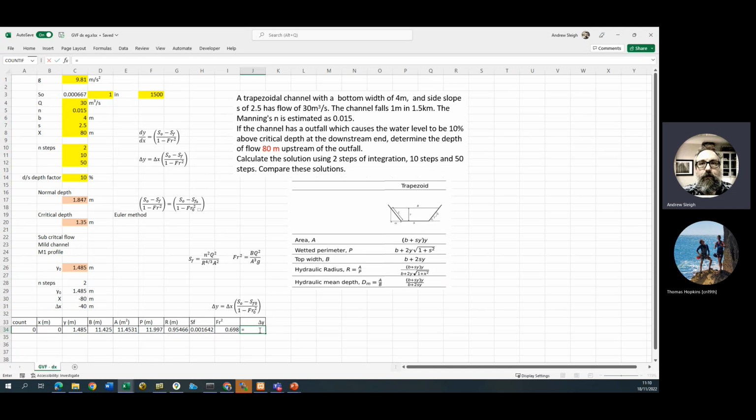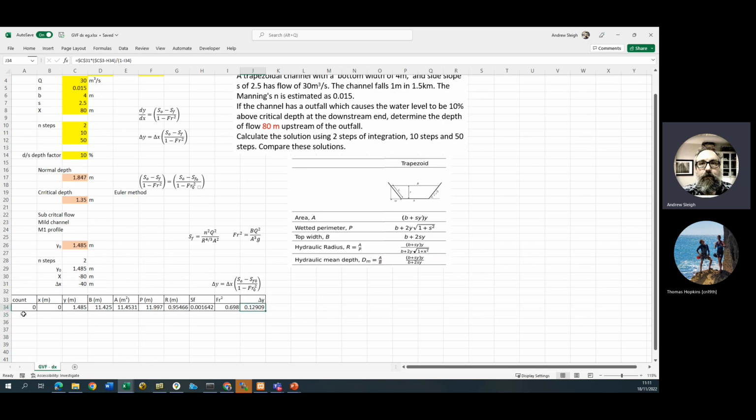So equals delta x, and the delta x comes from here, which again will need fixing, times S naught, which is up here, again needs fixing, minus SF, close bracket, divided by 1 minus the Froude number squared. Okay, so we've got a dy here. So I count here is going to be the one before it plus 1.